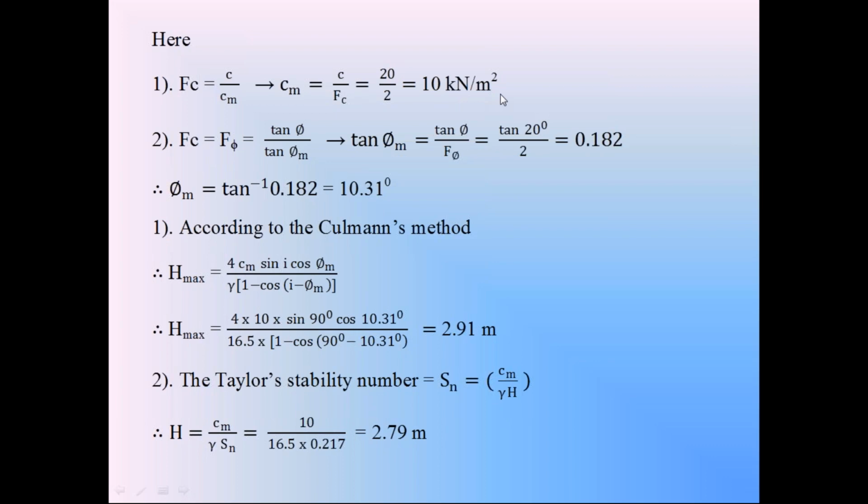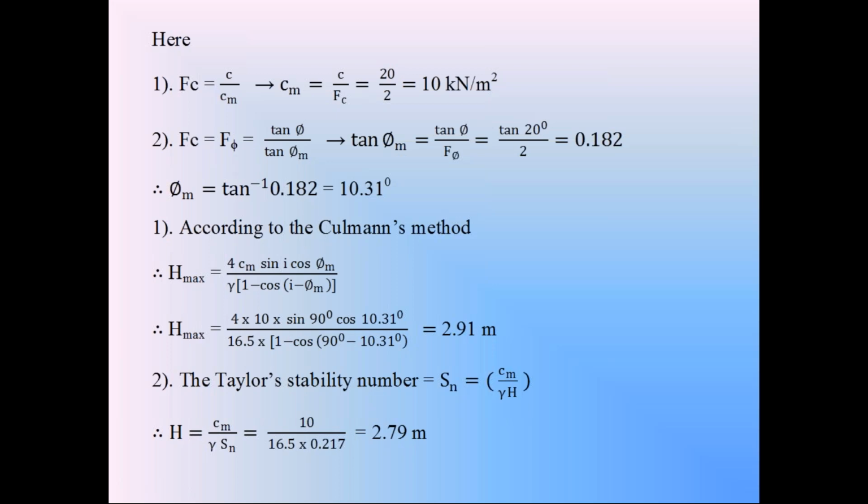And also we know in soil slopes, the factor of safety of cohesion Fc is equal to the factor of safety of friction Fphi. All the factors of safety are the same: Fs equal to Fc equal to Fphi. We discussed that in the theory.